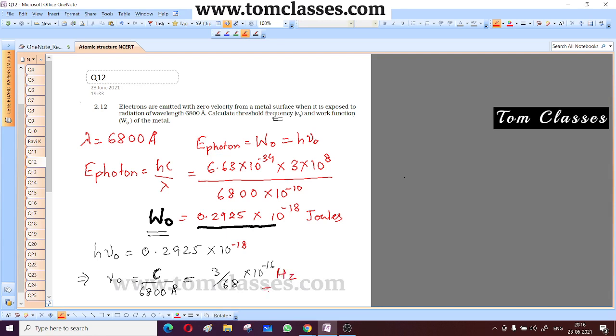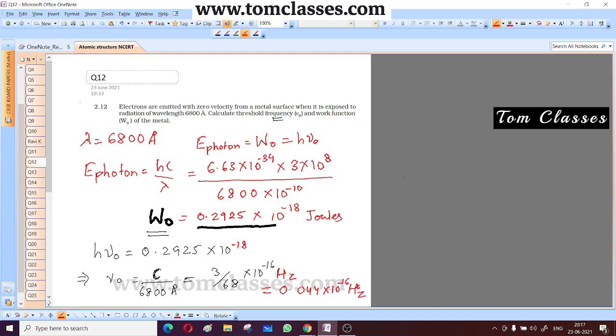So what is this value? It is 4.41 into 10 to the power 14. This value will come out to be 0.044 into 10 to power 16 hertz.